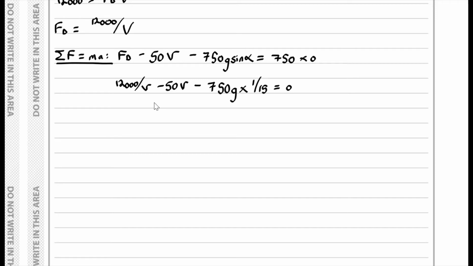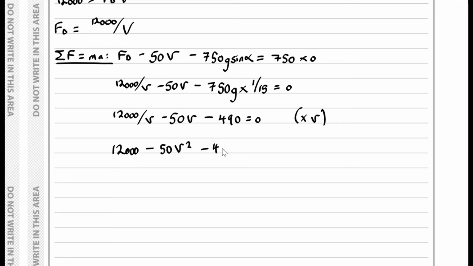So tidying this up a bit, we have 12,000 over V minus 50V minus 490 equals 0. If we multiply through by V, then you'd find we have 12,000 minus 50V squared minus 490V equals 0.